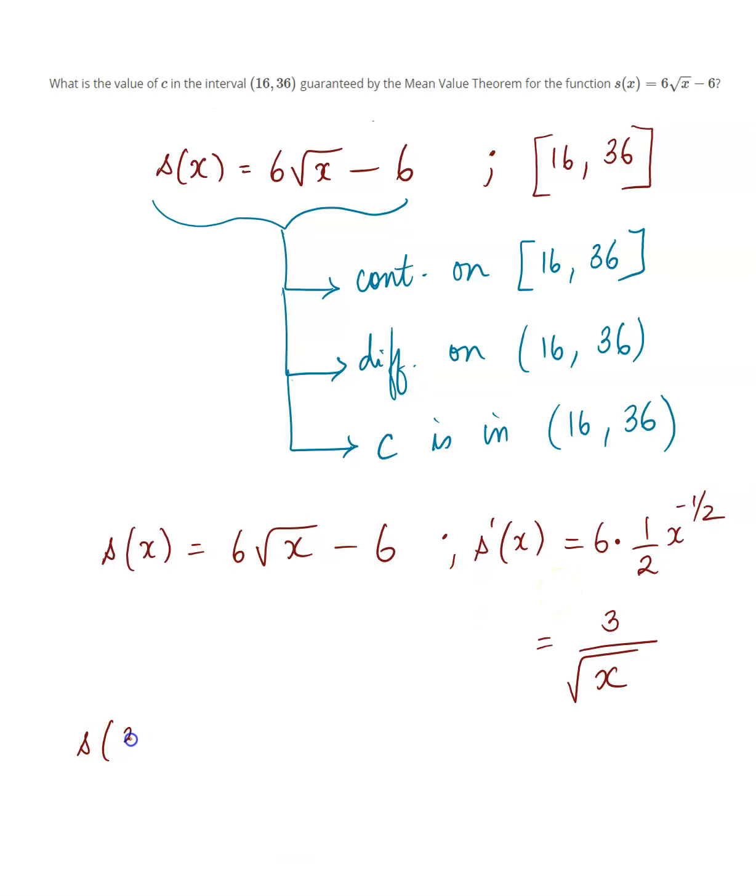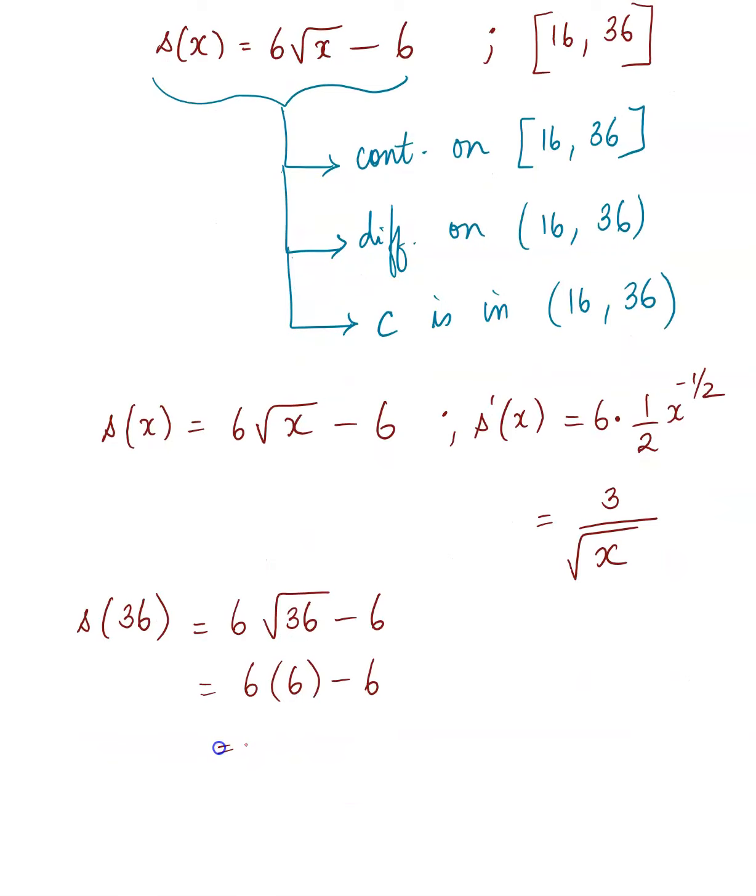We need s of 36. s of 36 will be 6 times square root of 36 minus 6, which is 6 times 6 minus 6. 36 minus 6, which is 30.